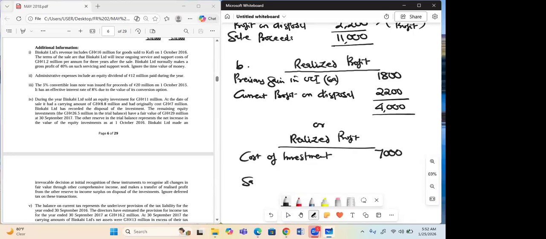And then now they've sold it for 11 million. So all this is a profit on disposal. This 4,000 will be transferred from OCI to what? Retained earnings. Is that clear?